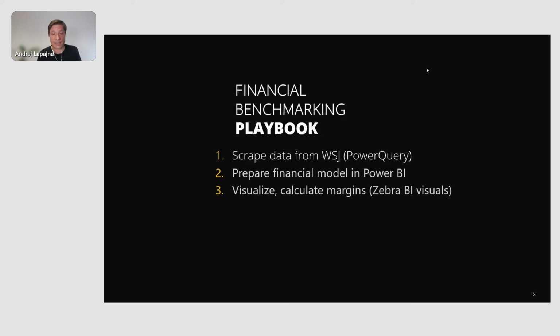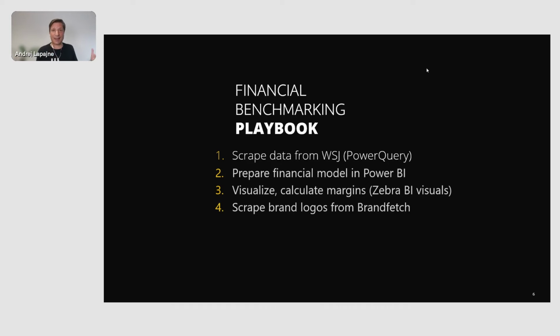Then in the next step, we have used the Zebra BI visuals, first the Zebra BI Tables visual to visualize the income statements, cash flow and balance sheet reports, and to calculate the very first KPIs like margins, EBITDA margins, gross profit margins, net income margins, and so on.